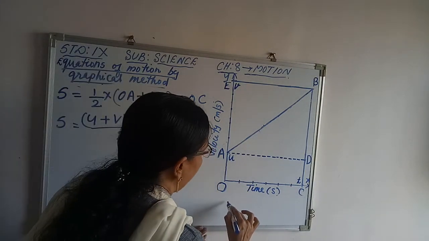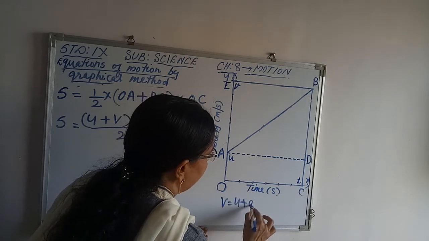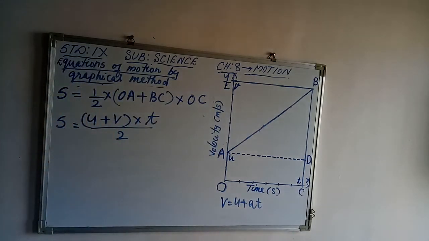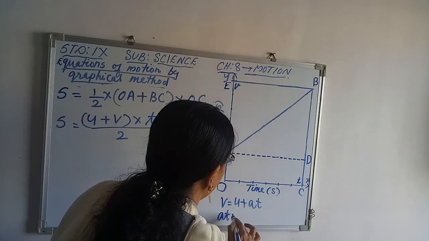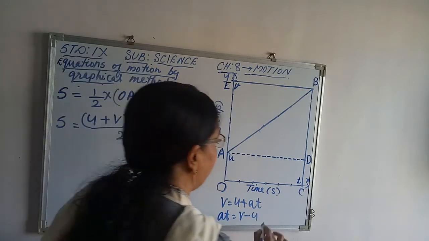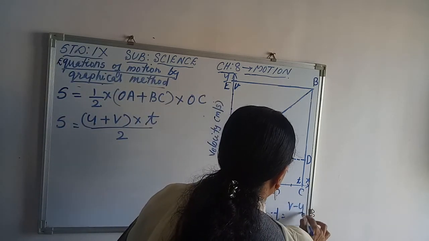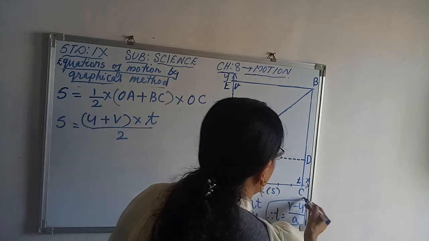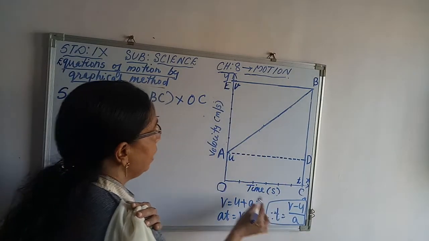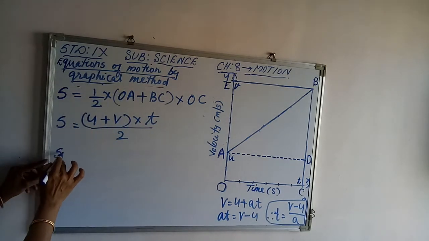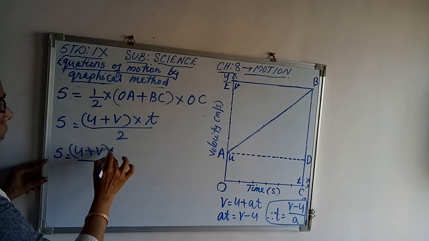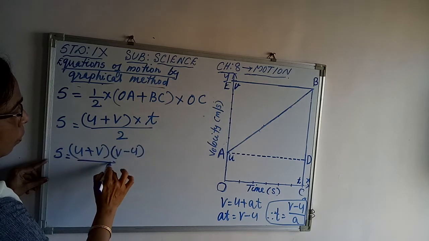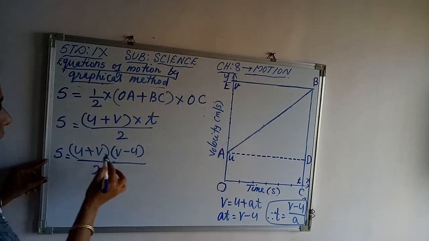From the equation V is equal to U plus AT, we know that AT is equal to V minus U. Therefore, T is V minus U upon A. Substituting the value of this T here, we get S is equal to U plus V into V minus U upon, here already 2 is there, 2.